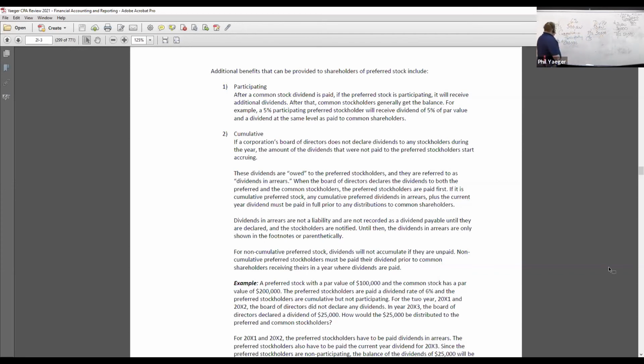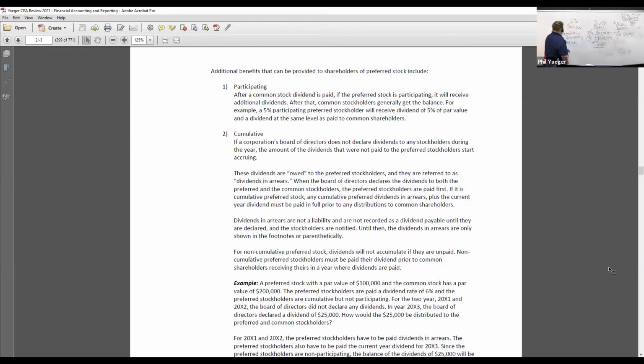Now they would get 6% of the 200,000, which is $12,000. Now, how much of dividends have we not paid out? 8,000. Now, how would you divide up the 8,000 between the preferred and the common?